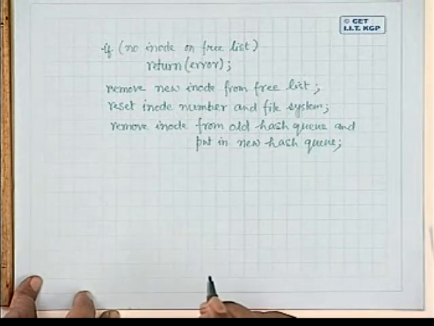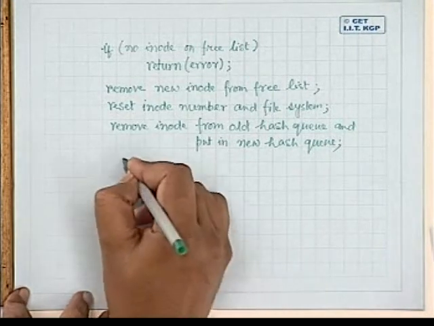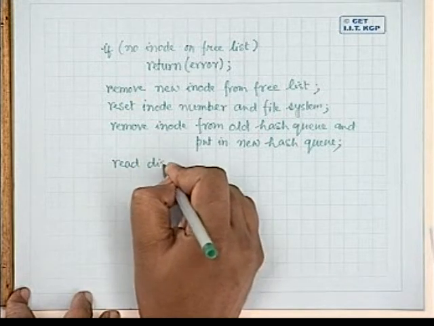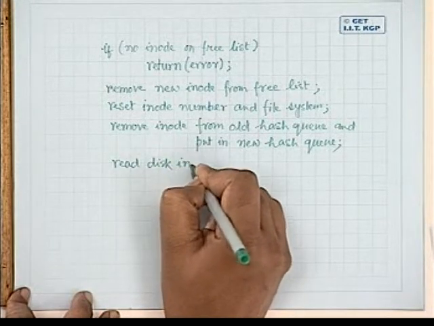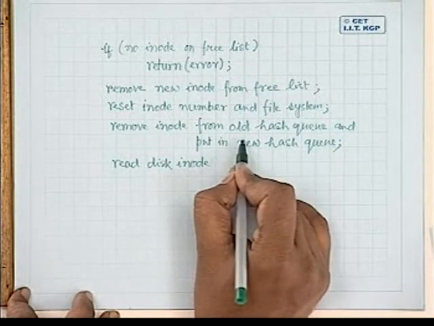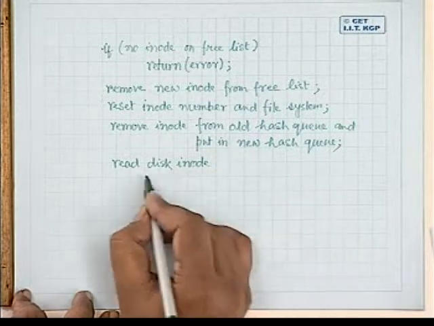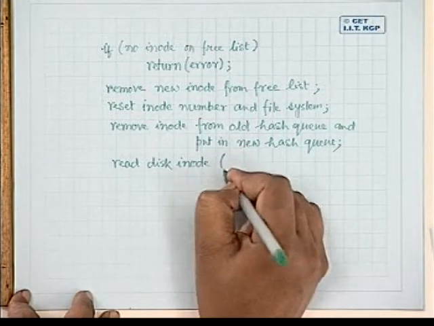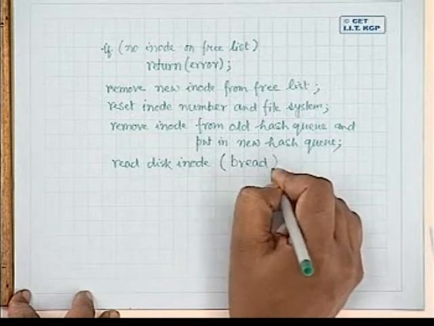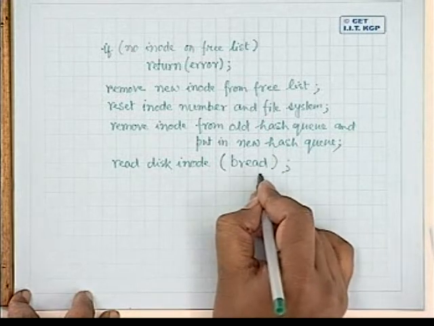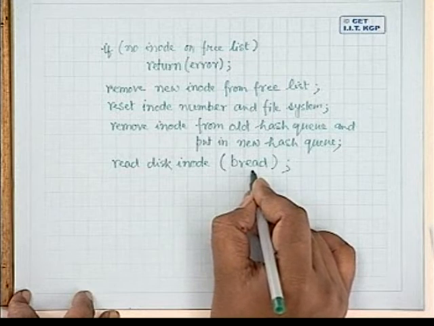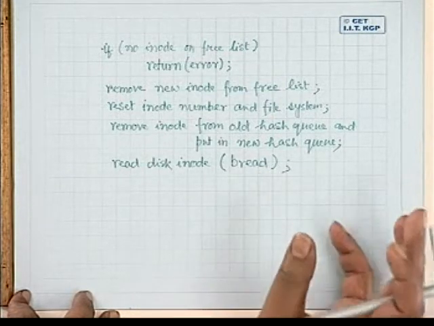After that, we have to read the disk inode from the disk, and put this disk inode into this new in-core inode. For reading this disk inode, the algorithm that has to be invoked is the block read algorithm that we have seen in case of the buffer cache method. Reading an inode is nothing but reading a block from the disk.